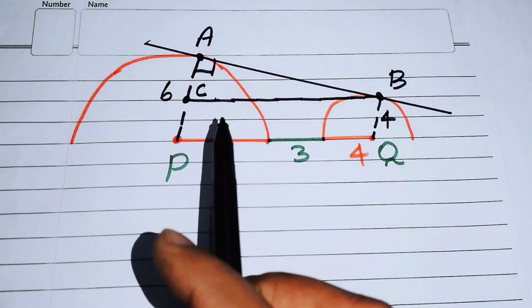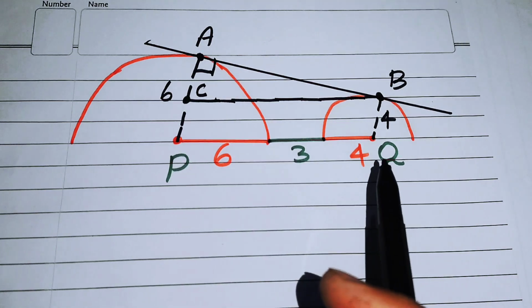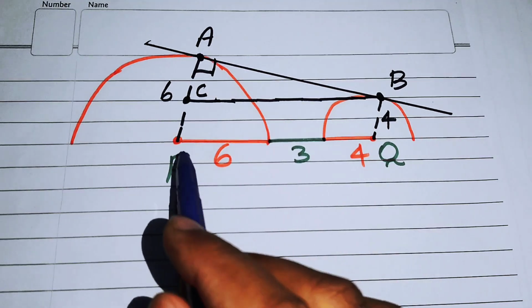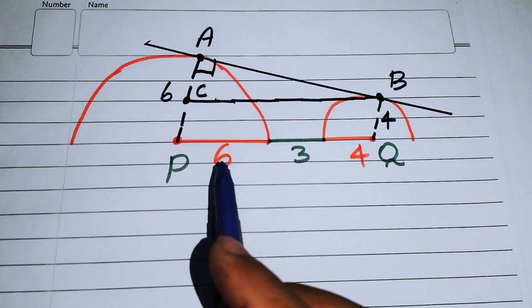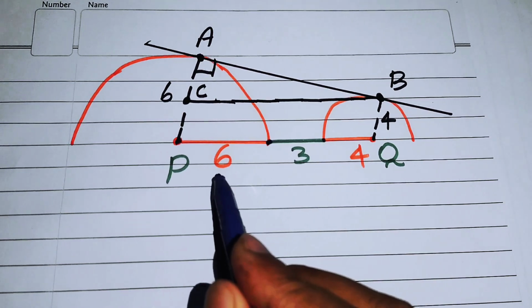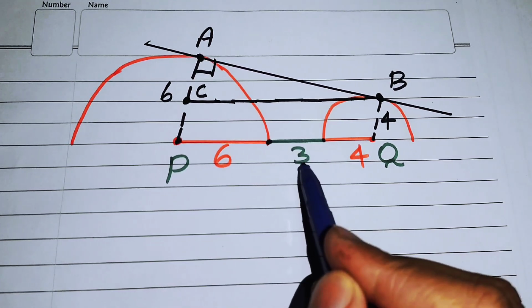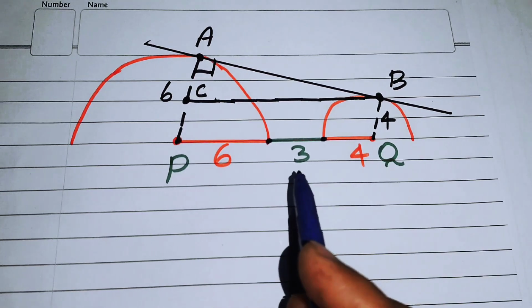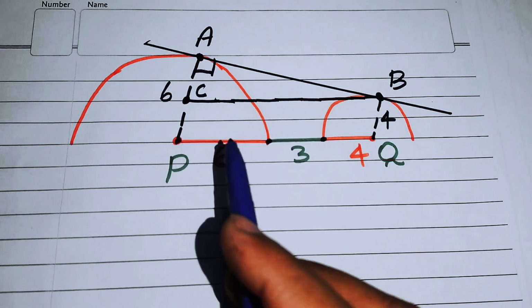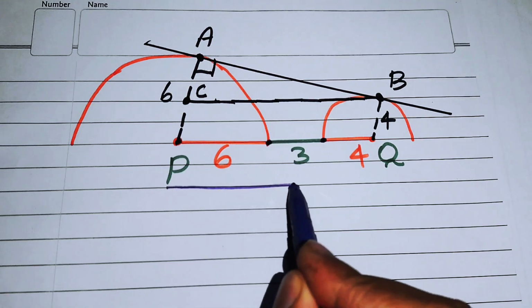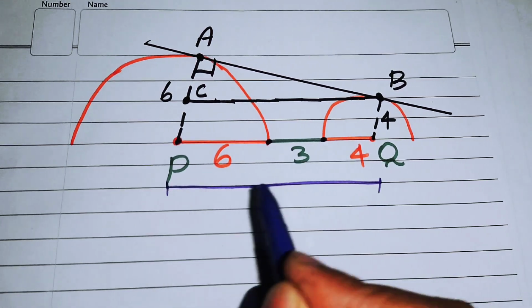This BC line is perpendicular to the PQ line, and now you see the total distance of the PQ line. This distance is 6 units, this distance is 3, and this distance is 4. So the total distance becomes 13 units. It means that the distance from point P to point Q is 13.